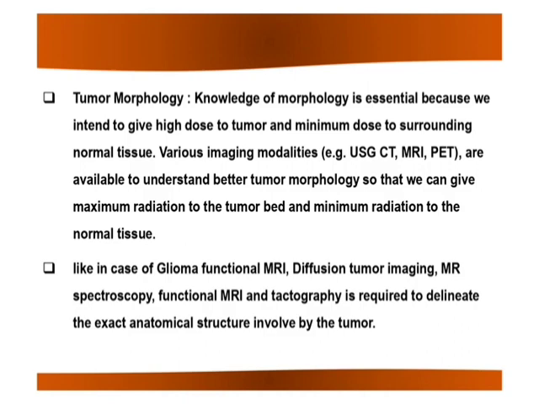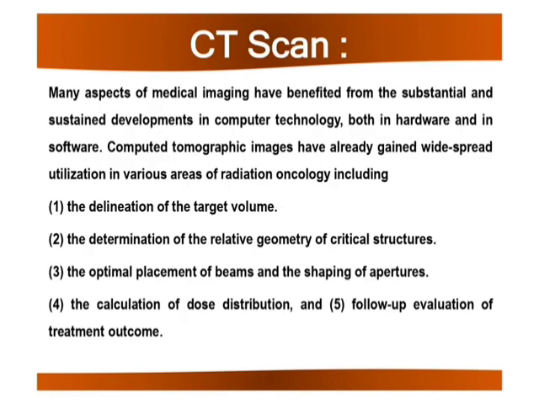Furthermore, brain tumor edema is better seen in MRI images, as are the brain stem structures, which are not very clearly shown in the CT image. But you can see in the sagittal view of MRI a very clear-cut picture of the tumor.